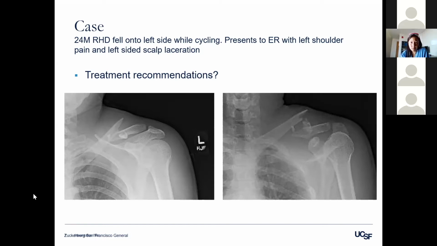And how closely would you track him? Let's say he says, I don't know if I really want surgery. When would you have him come back? Probably come back in 2 weeks, see how he's doing. And then again at 6 weeks, to see if there's progress towards healing.